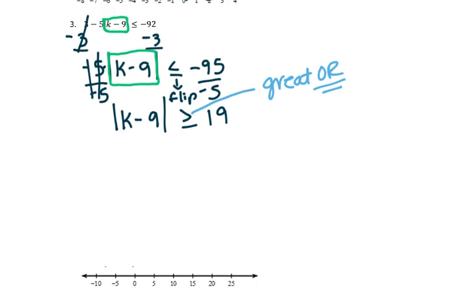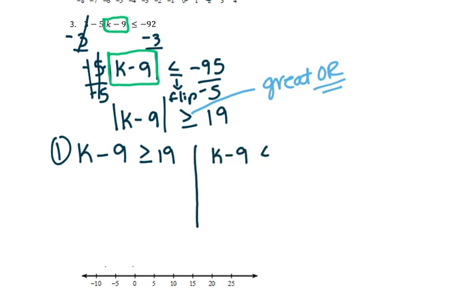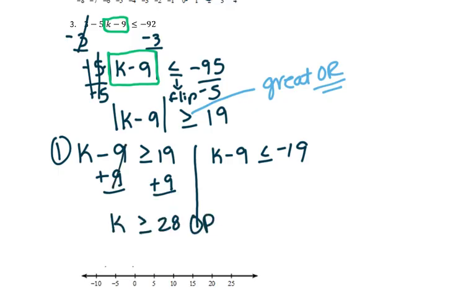So let's go ahead and we're going to have our first equation is k minus 9 greater than or equal to 19. And then our second one is going to be k minus 9 is less than or equal to negative 19. Let's see solving. I'm going to add 9 on both sides, and I get k greater than or equal to 28, or add 9 on both sides, I get k less than or equal to negative 10.